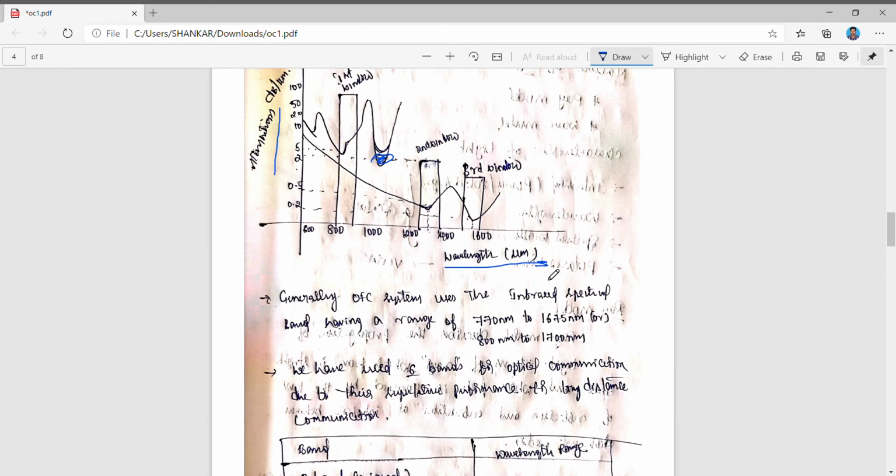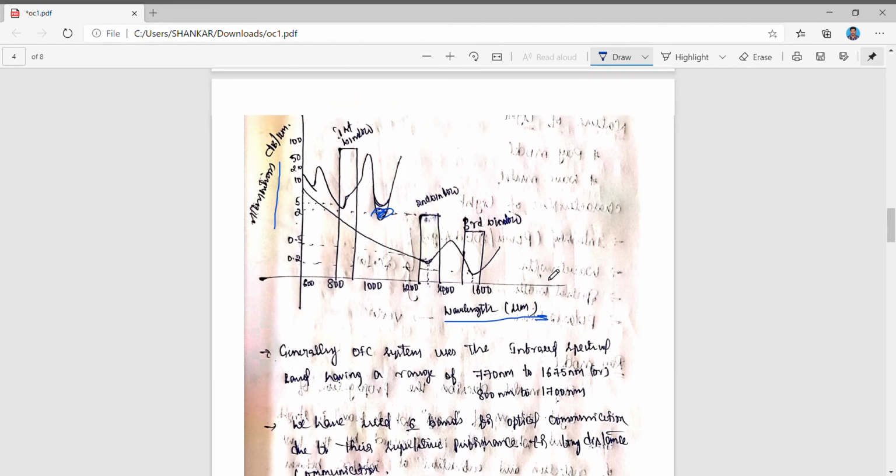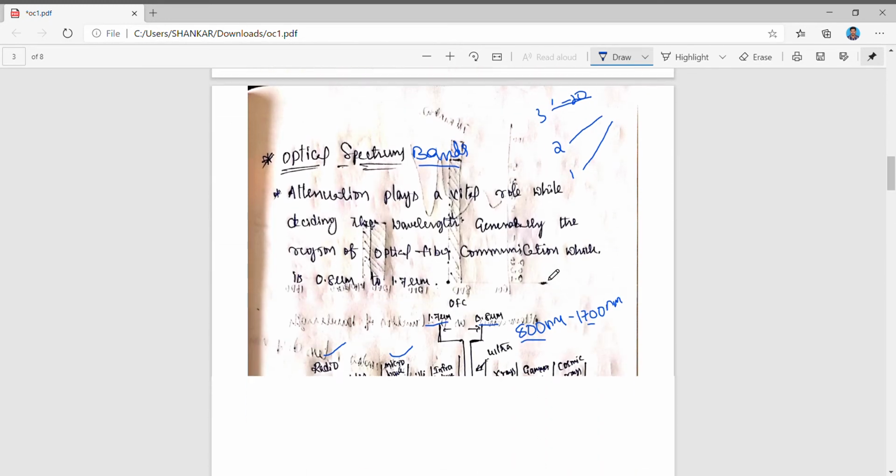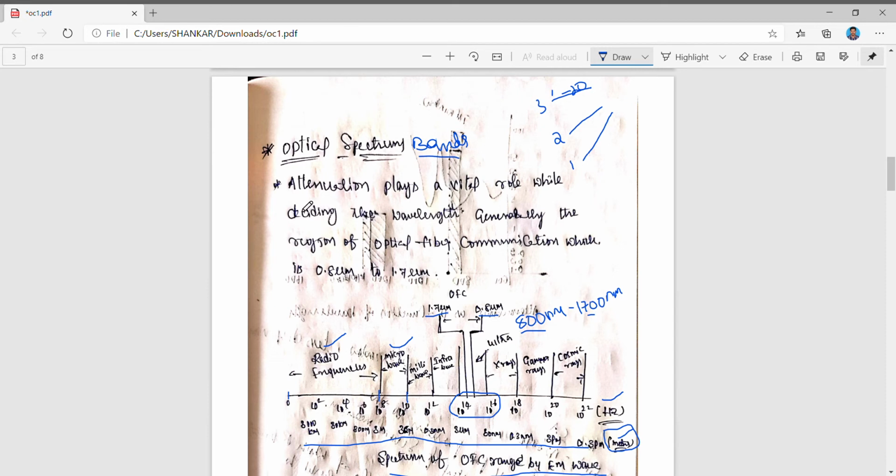Sir, why are we discussing the attenuation concept here? Because attenuation plays a vital role in the transmission of optical signals. Not only the optical signal, whatever the signal, we have to consider the attenuation.